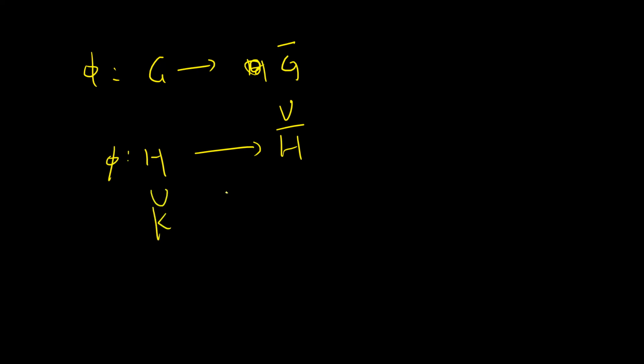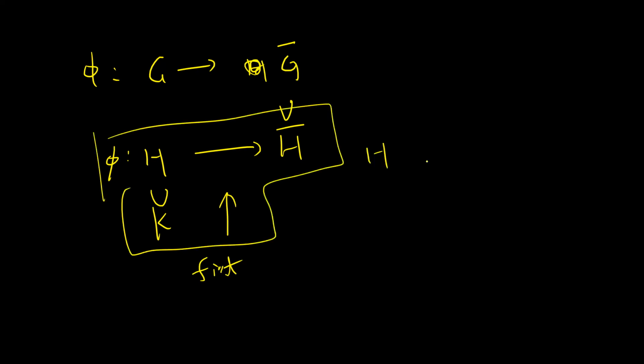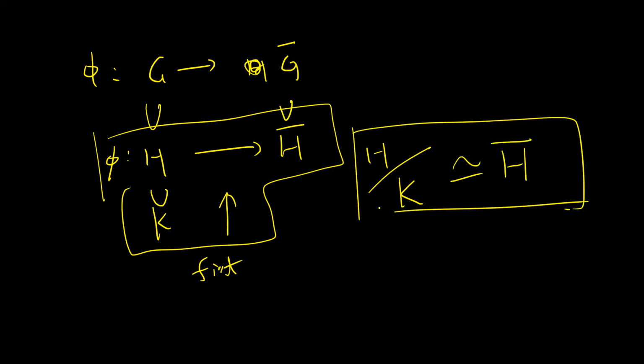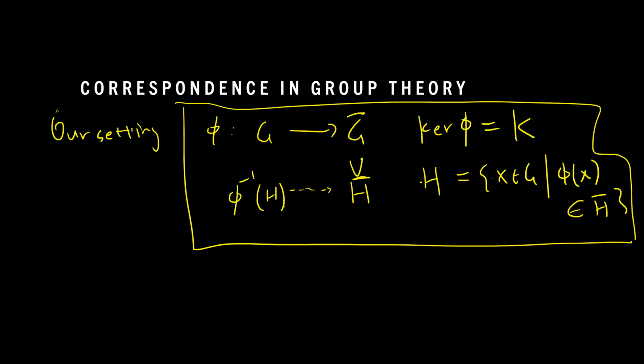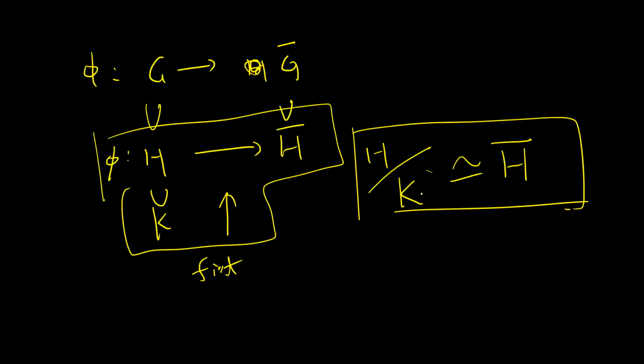So we can use the first isomorphism theorem. If we focus on this subgroup, we get H quotient K, the quotient by the kernel, because the kernel of phi restricted to H is the same as the kernel K, since H is a subgroup of G. So H modulo K is isomorphic to H bar. This is also a result. This is one direction: if you take H bar, you can construct H, and H quotient K will be H bar.